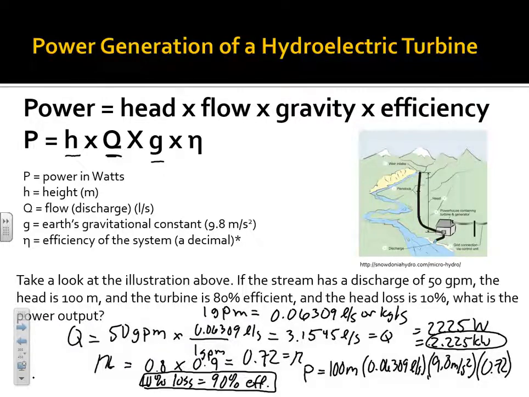Given all of the specs, that's what our power output is going to be.